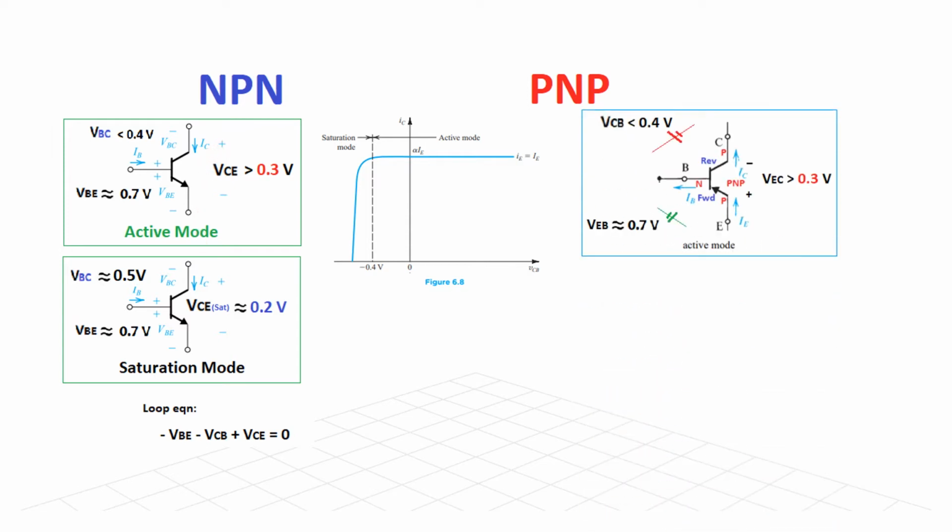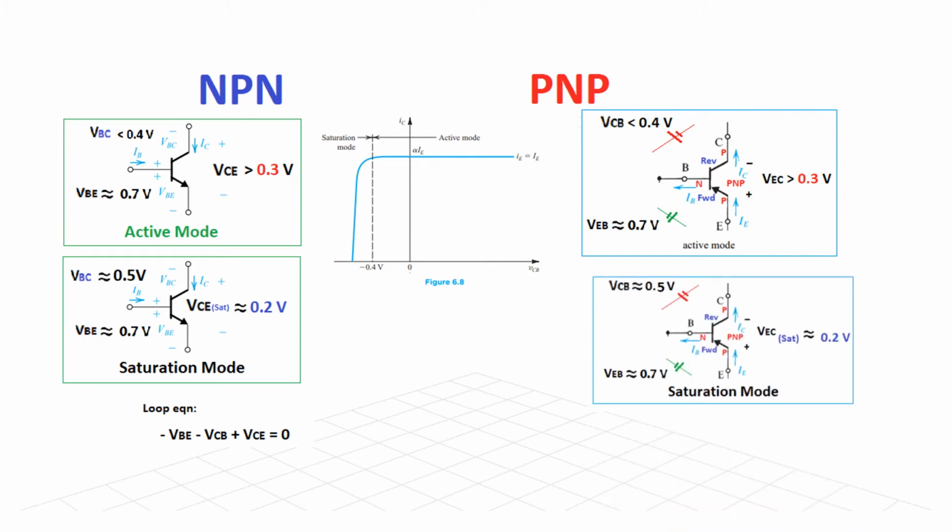Similarly for PNP, not much change except that the nomenclature or the names have changed. So here it is called VEB, here it is called VCB, here it is called VEC. The basic concepts remain the same. For active mode, it is 0.3 or greater than 0.3, and for saturation, it's approximately 0.2 volt.